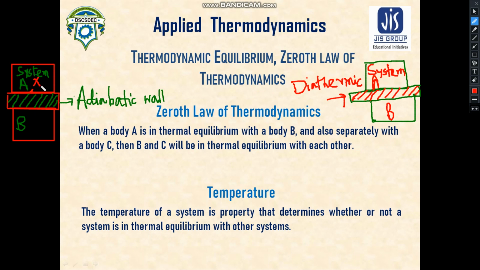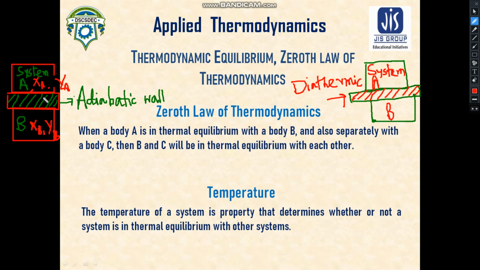If we consider some properties xA and yA, and here xB and yB, for the sake of your understanding, these properties are not going to change because they are separated by an adiabatic wall.